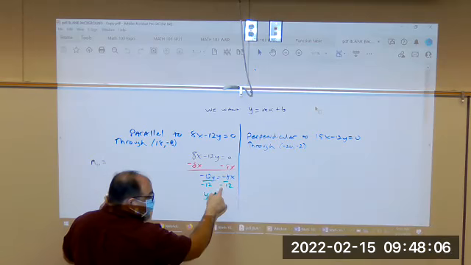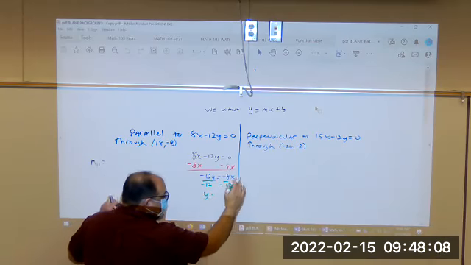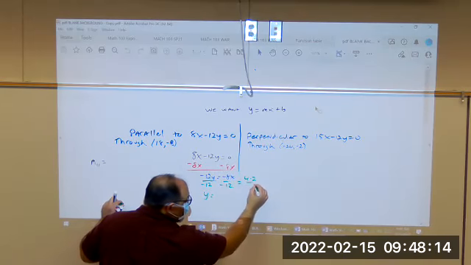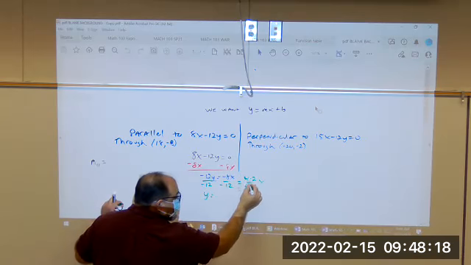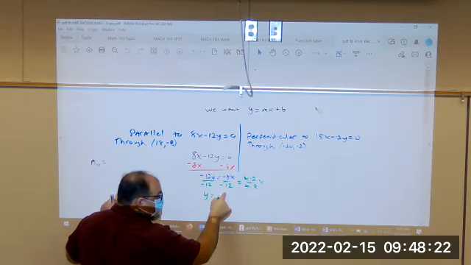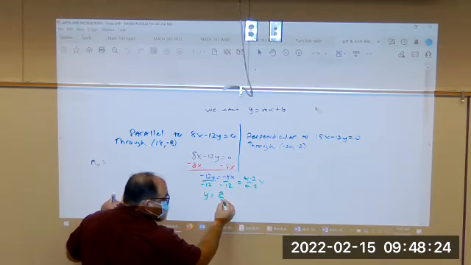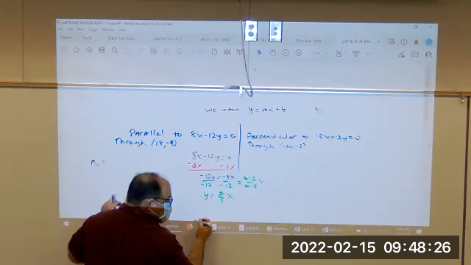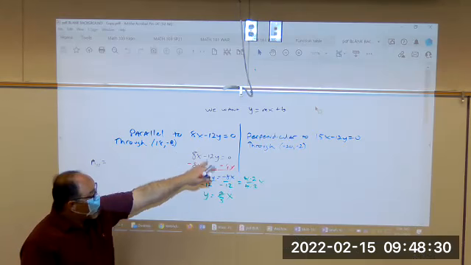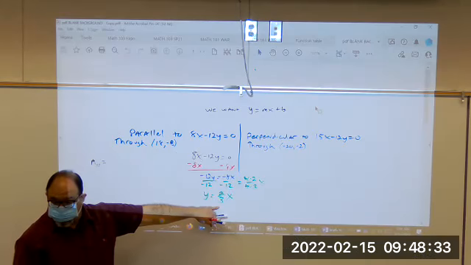A negative over a negative is a positive. This is 4 times 2 over 4 times 3x. This 8 over 12, negative 8 over negative 12, reduces to 2/3 x. That's the equation of that line in slope-intercept form.